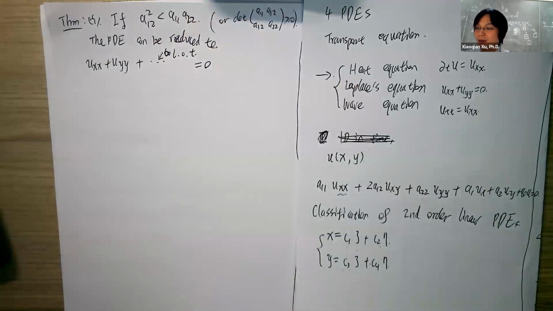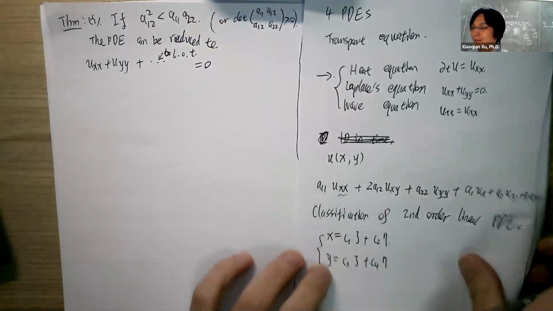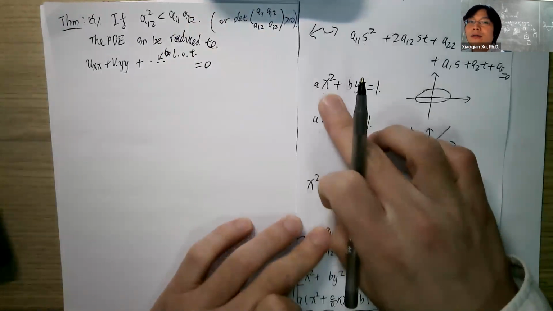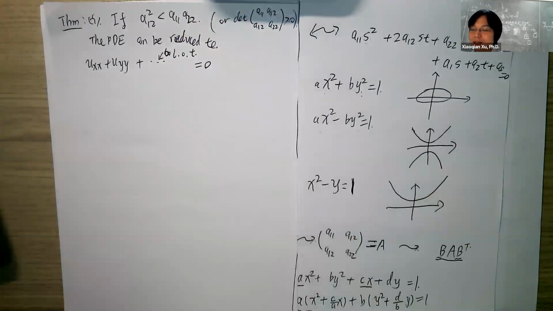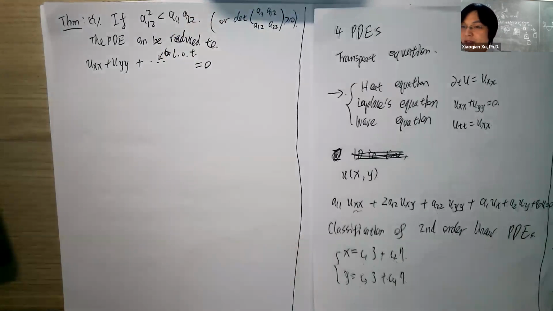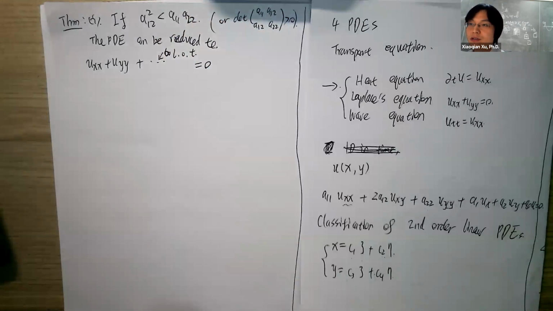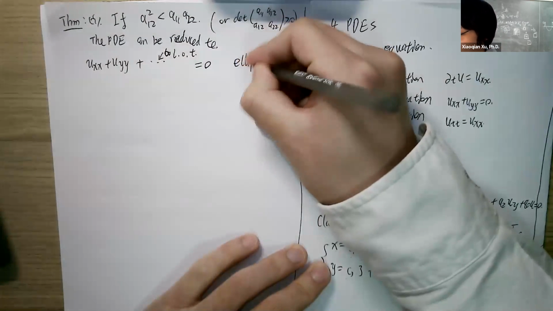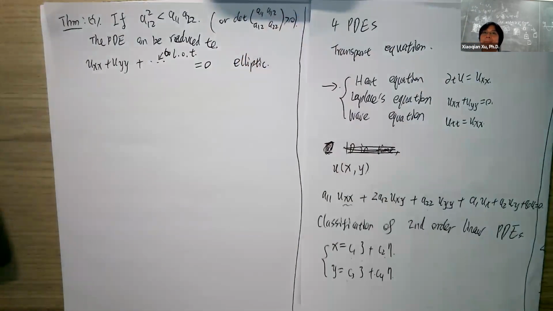You can change it by doing some change of variables and make it like this. This kind of thing really looks like your ellipsoid, right? So this kind of differential equation, we call it an elliptic second order differential equation.